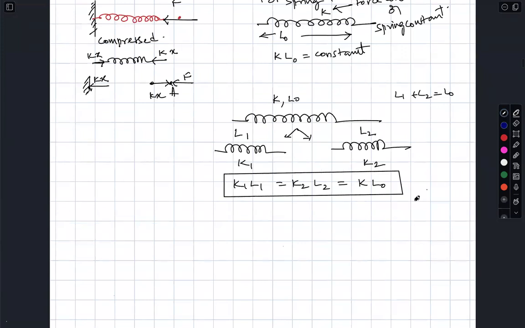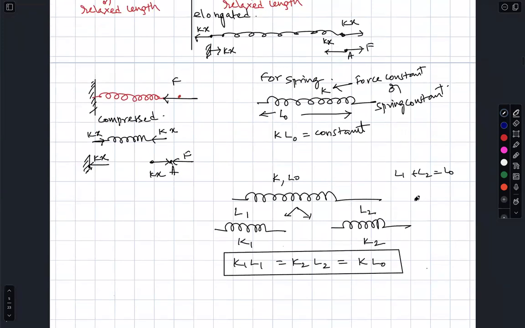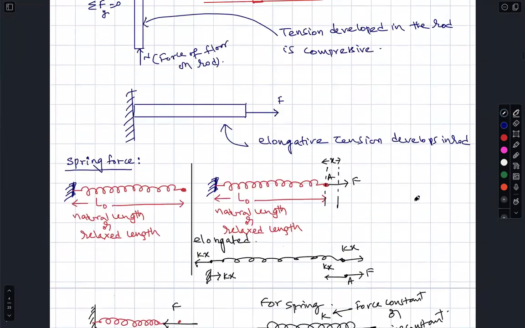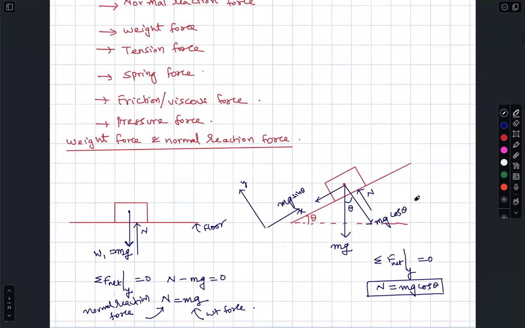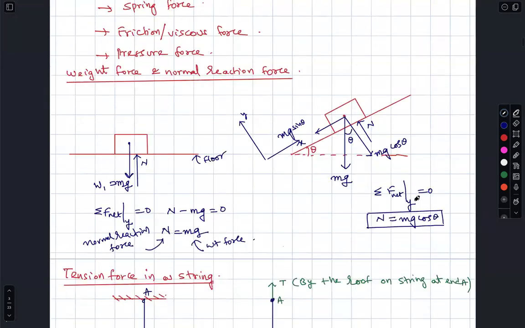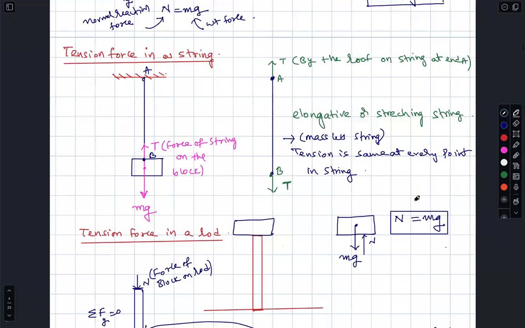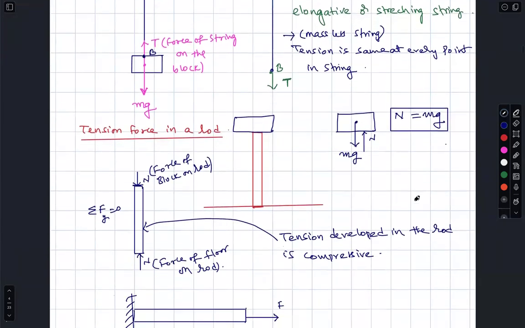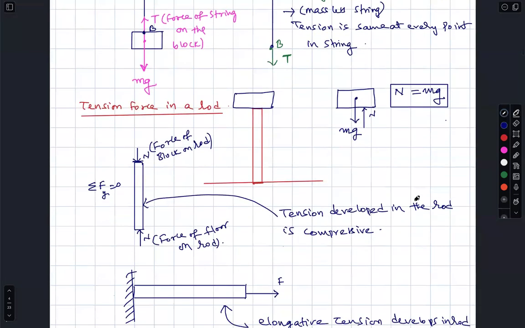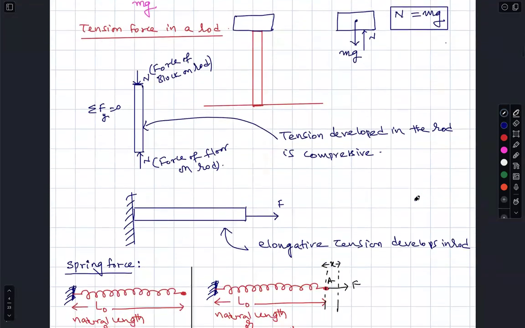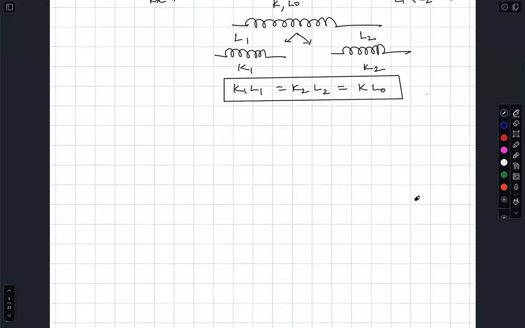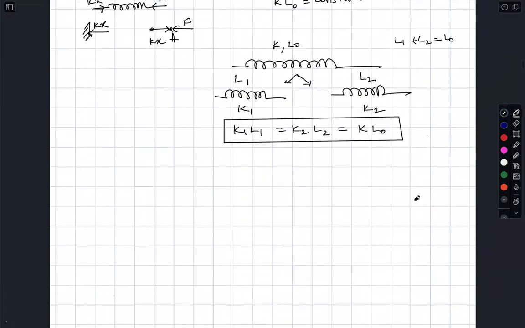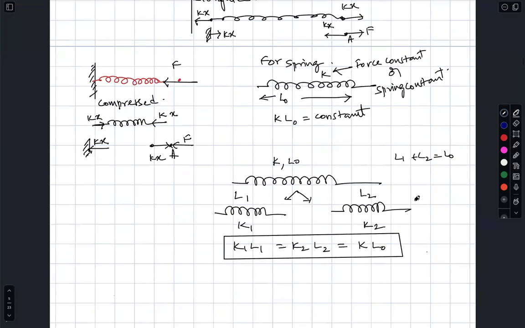I'm just giving basics. On springs, I will discuss a separate class again. I just introduced the basics. I first introduced weight and normal reaction force. Thereafter, I used tension force, tension force in a rod, elongative, compressive, spring force. In the entire next 4 months, you will play with these things. I am asking you again, if you have any doubt, please ask me.